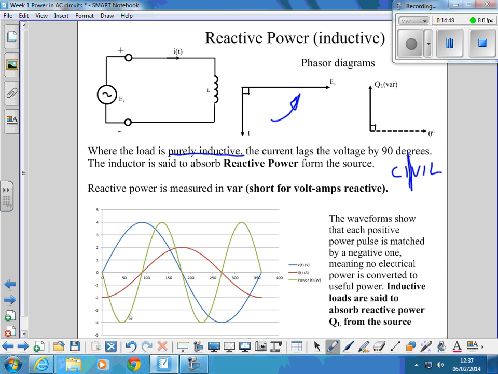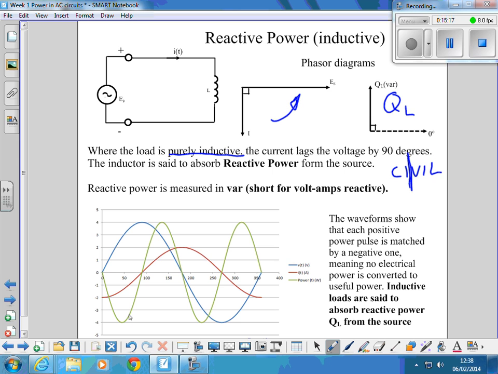Okay. We also can draw a phasor diagram representing the active power in that circuit. The reactive power for an inductive circuit uses the symbol Q, and here we're talking about Q for the inductor, so we talk about QL.